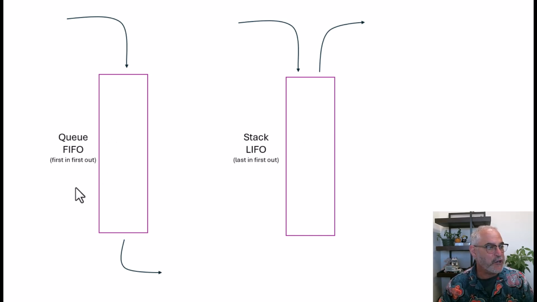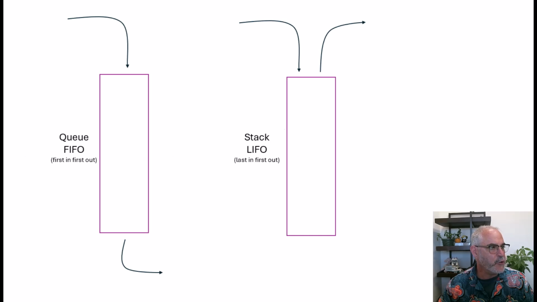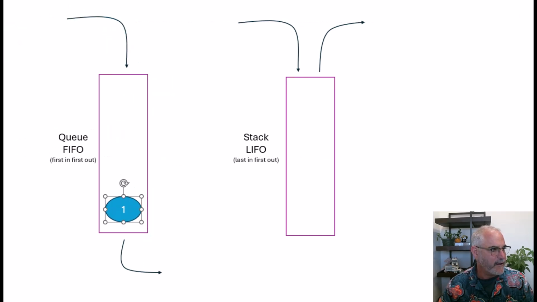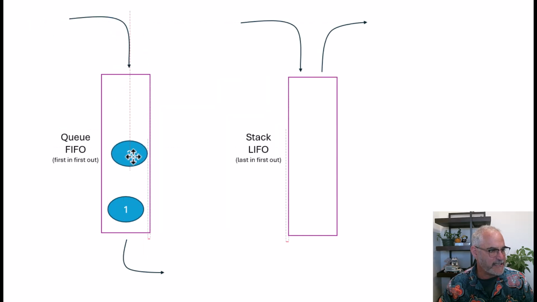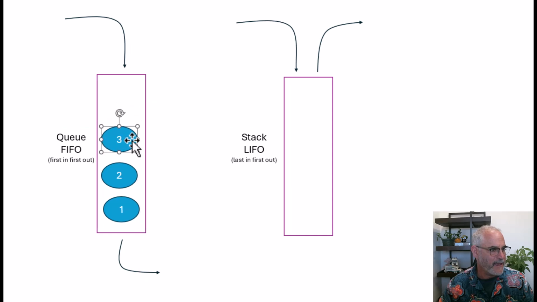Now, a queue is a first in, first out data structure. So what that means is when you put an item into the queue, it goes down like this. Your items go in order, and then they come out in that same order. So first in, first out.